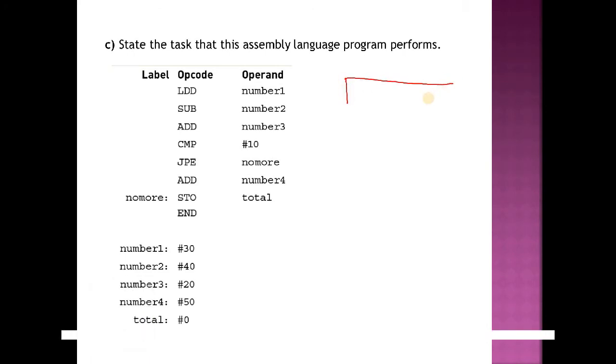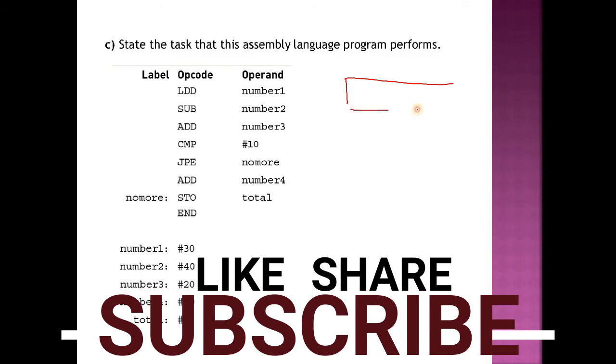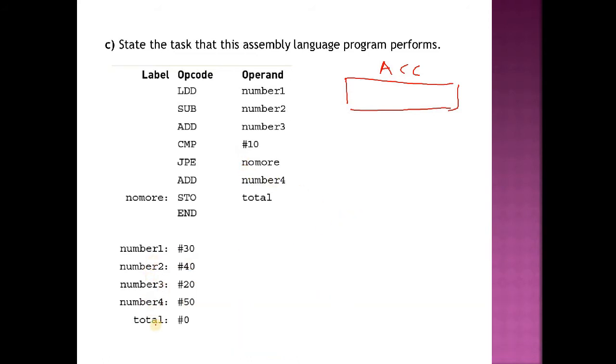Let's suppose this is the accumulator. Then this is number 1, number 2, number 3, number 4, total. All these are labels. Symbolic addressing has been used, meaning these are memory locations where some data has been kept. So now let's start dry running the program.